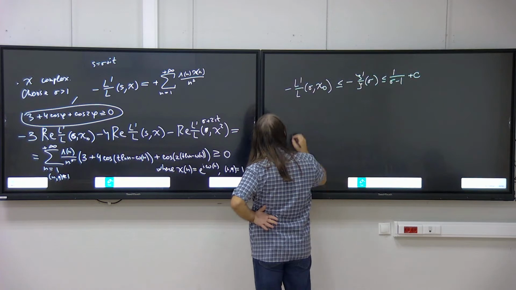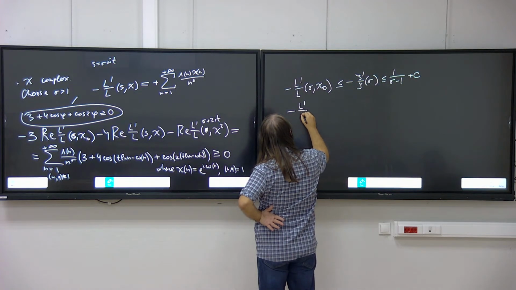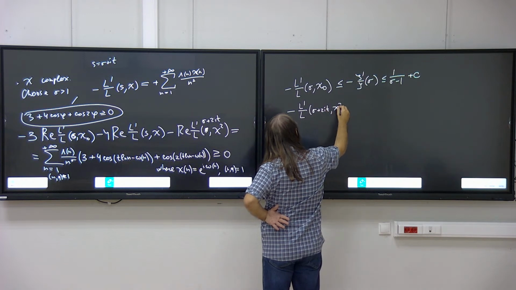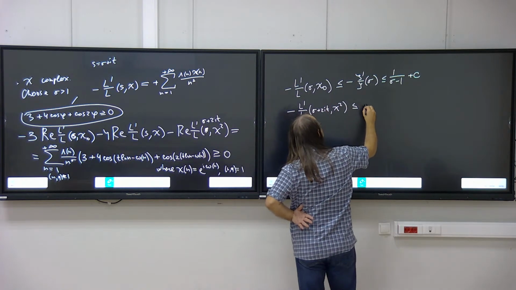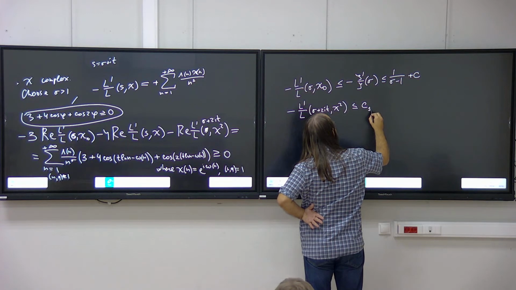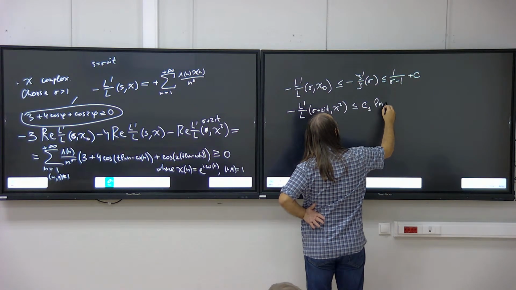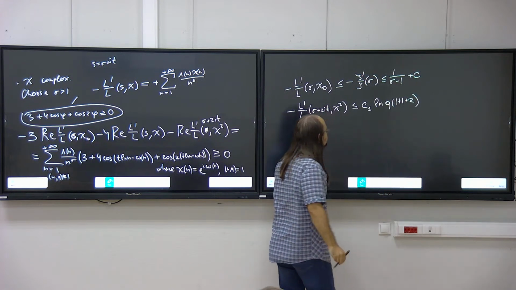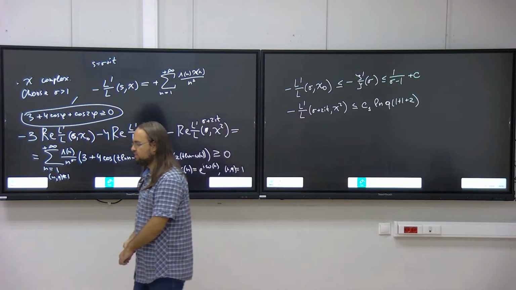Now, minus L prime over L at sigma plus 2it, chi squared, is at most some constant, say C1, logarithm of q times absolute value of t plus 2. Where does this come from?